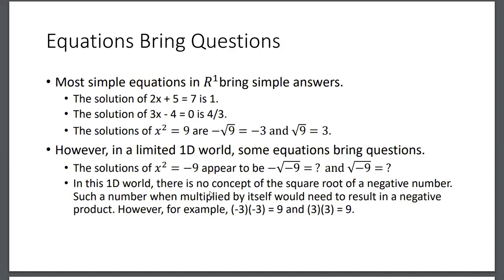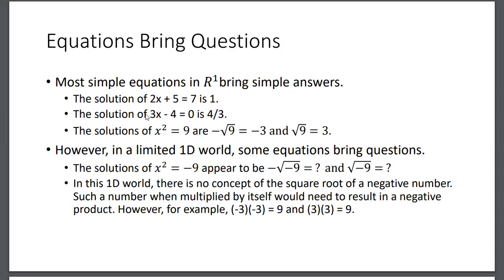Equations bring questions. Most simple equations in R1 bring simple answers. The solution of 2x plus 5 equals 7 is 1. If you substitute 1 for x, 2 times 1 is 2, plus 5 is 7, equals 7. It is a solution.